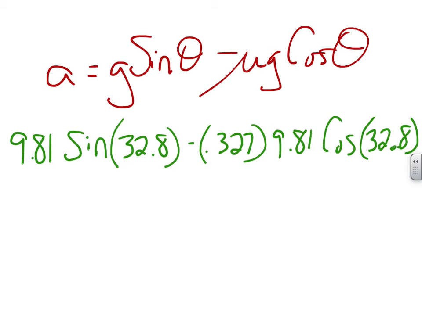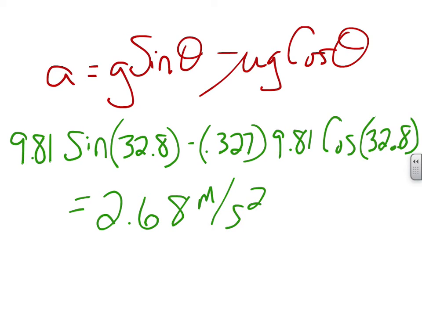Now, what you want to do is just make sure you plug that in to your calculator all in one big step. It looks just like that. And if you plug that in properly, of course, you get 2.68 meters per second squared, if we round that off correctly.